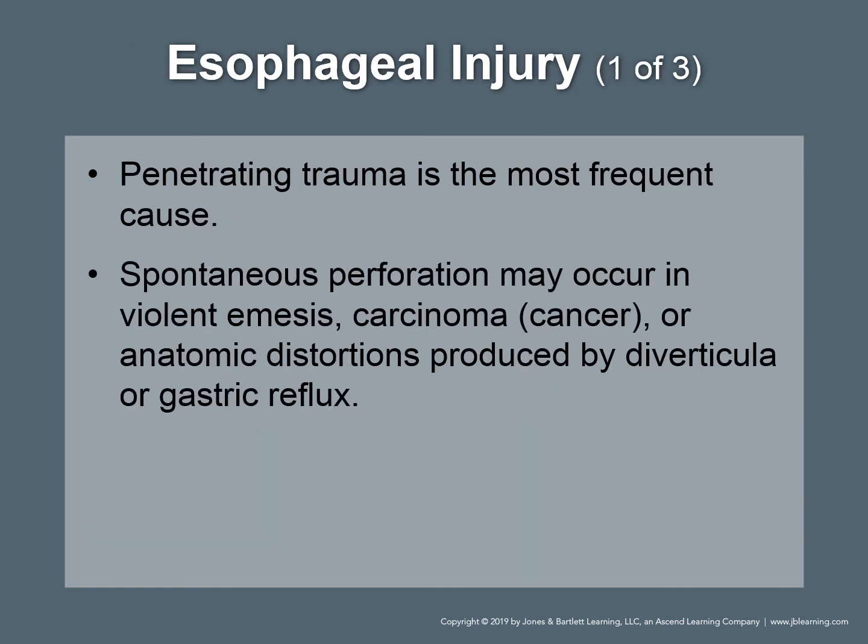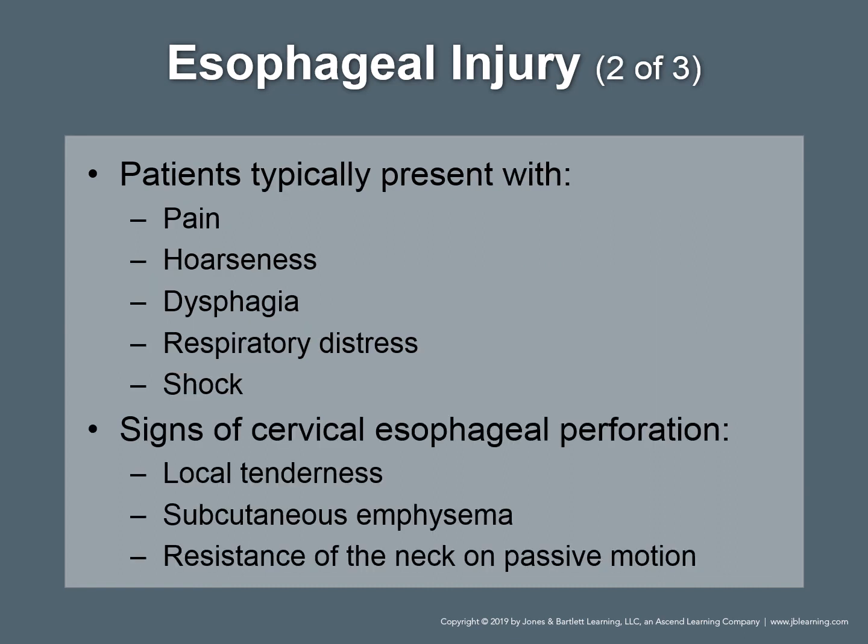Esophageal injury, typically we see this from penetrating trauma, and this is just where the esophagus gets ruptured or torn. We see spontaneous perforations or spontaneous bleeding in cancer patients, alcoholics, or patients with liver issues, if they have violent vomiting, if they have anatomic distortions or diverticulitis or gastric reflux, those will erode the esophagus, and we'll see those ruptures or tears there.